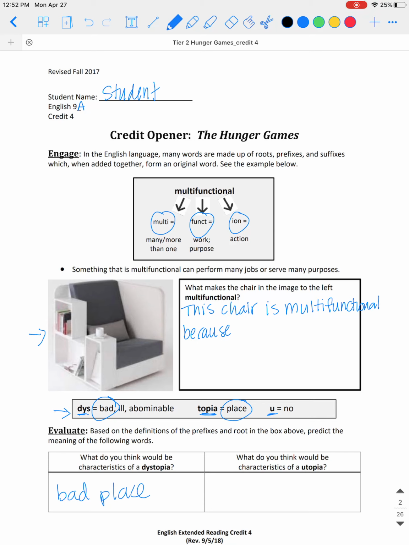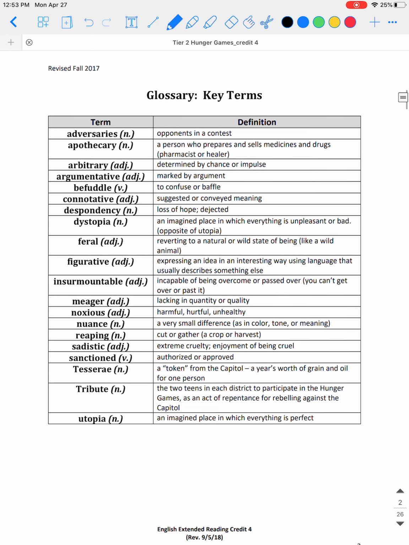So you can write bad place. And then for utopia, what do you think would be characteristics of utopia? You meaning no. So if we're writing no place, it could also mean like too good to be true of a place. So once you're done with that, you can move on to the next portion.